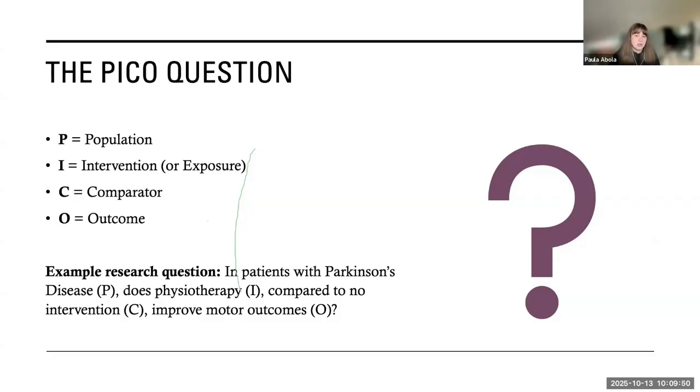For example, in Parkinson's disease research, a question might be: in patients with Parkinson's disease, which is the population, does physiotherapy, which is the intervention, compared to no intervention, which is the comparator, improve motor outcomes, and that's the outcome. This level of specificity prevents the review from drifting or becoming biased, and without it, we would be tempted to include or exclude studies based on convenience or personal opinion.